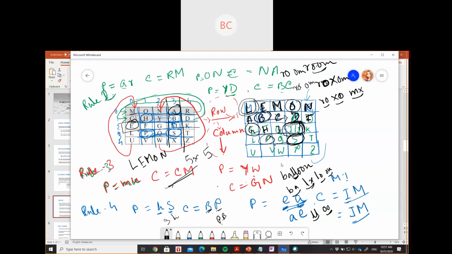So this is your Playfair. This is relatively tough for the hackers to decipher to get the message, but still it's not impossible. Just like the monoalphabetic one, in this case also your hackers or third party can detect your encrypted message with the help of your frequency of occurrence.